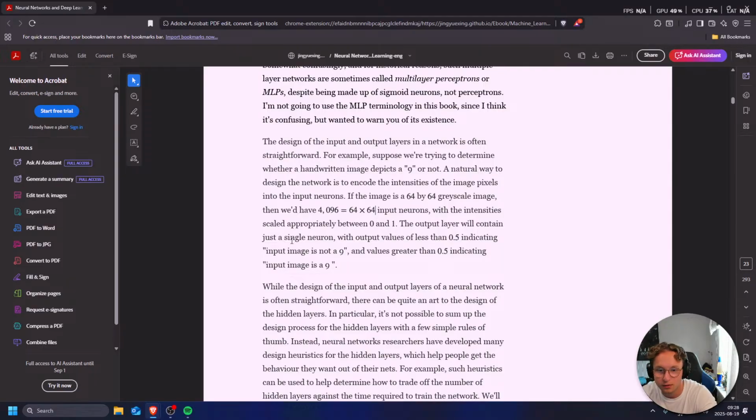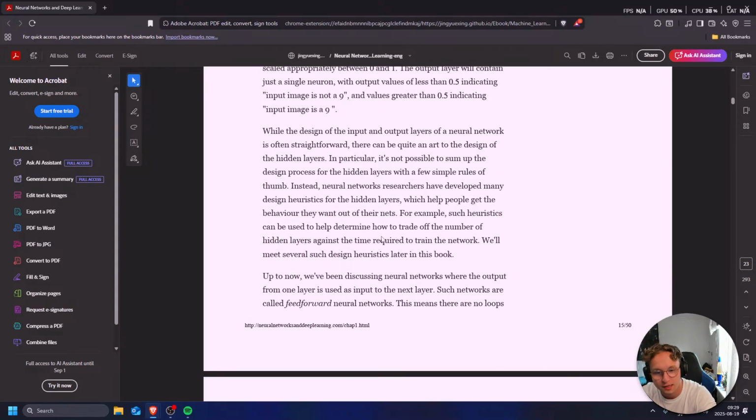The output layer will contain just a single neuron, with output values of less than 0.5 indicating the image is not a 9, and a value greater than 0.5 indicating that the image is a 9. So it's either smaller or greater in this case.